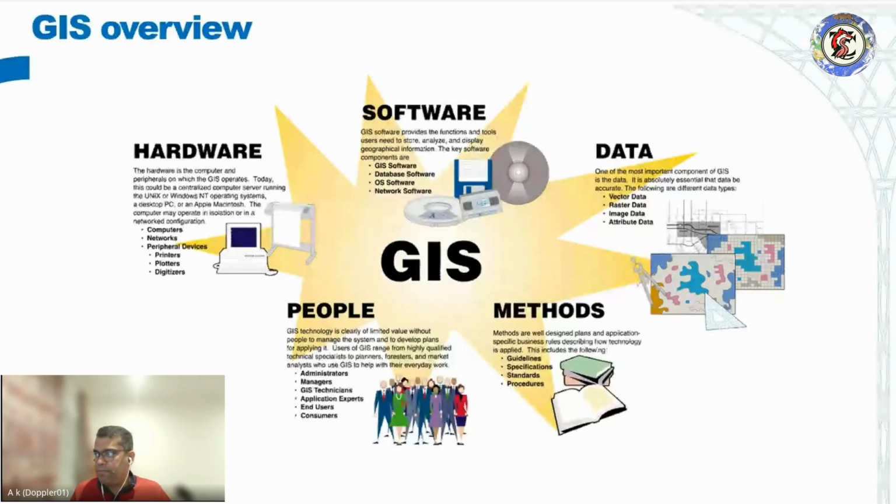Hardware is the computer or system that supports the software. People like you, me, and everyone who actually use all these things to interpret the data and generate some information and knowledge out of it. And finally, the methods, which are standardized procedures used in GIS.